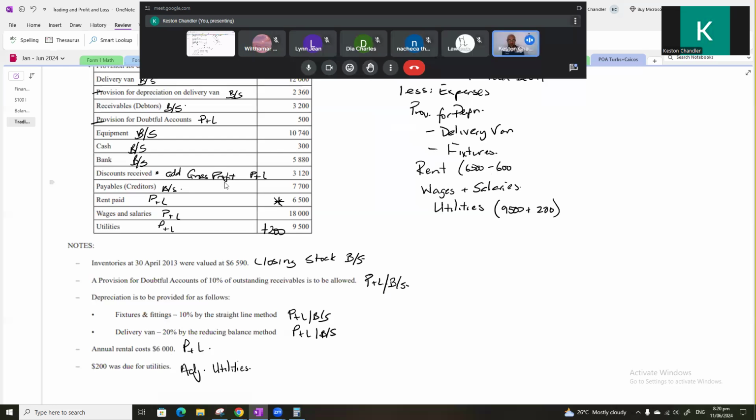Well, just have to remember, we don't need to minus anything. Just have to remember to use 6,000 here for rent, because that's the amount that's due for the year, not the extra that we paid here. So you have to remember to minus that. Okay? Everybody all right with that so far?